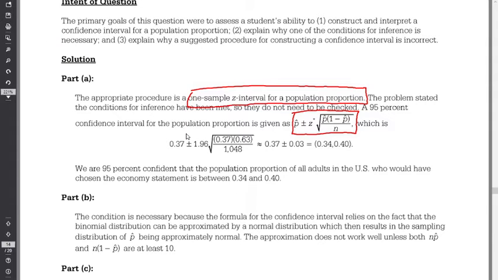Otherwise, you're not going to get credit for stating the name of the test. Usually I have you do both: name the interval in step 2, and give the general formula in step 3. But a lot of people forgot to do that, so make sure when you're doing confidence intervals and hypothesis tests, you're saying what kind of test or confidence interval you are building.